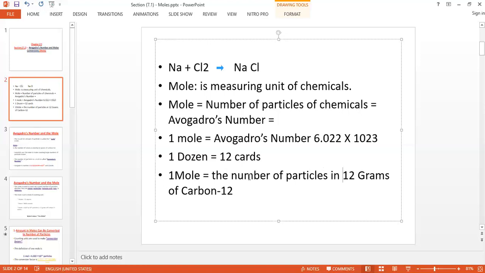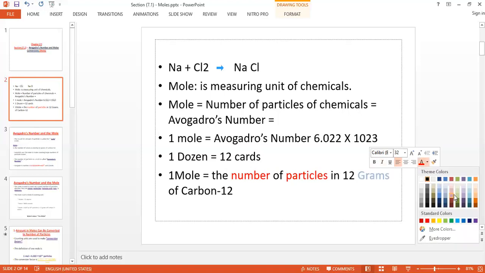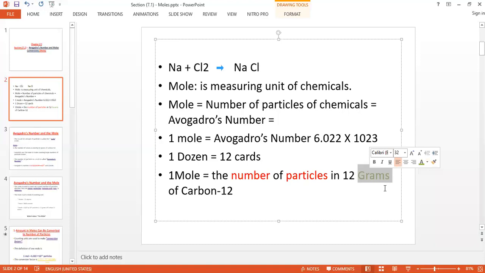So here I can get that we have number of particles, and we have also mass in grams. And that gives us an indication that we can convert mole into number of particles, or we can convert it into grams.